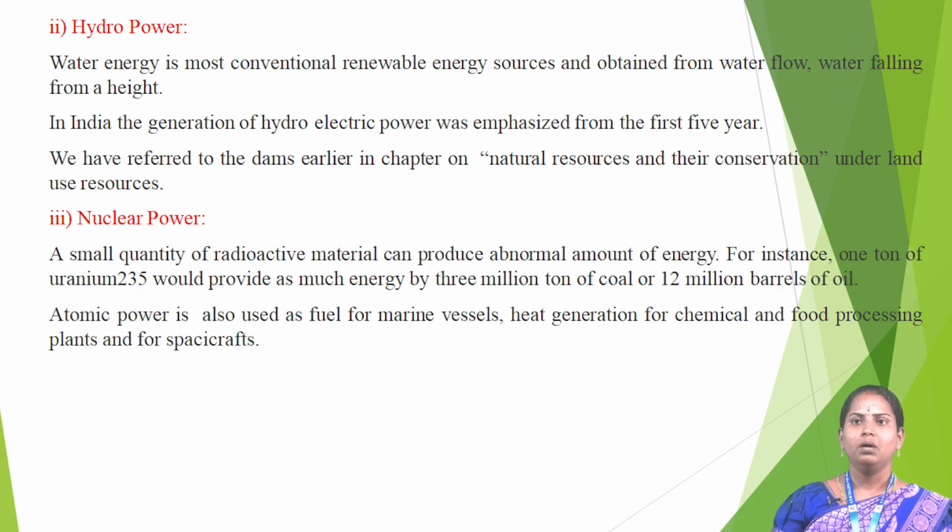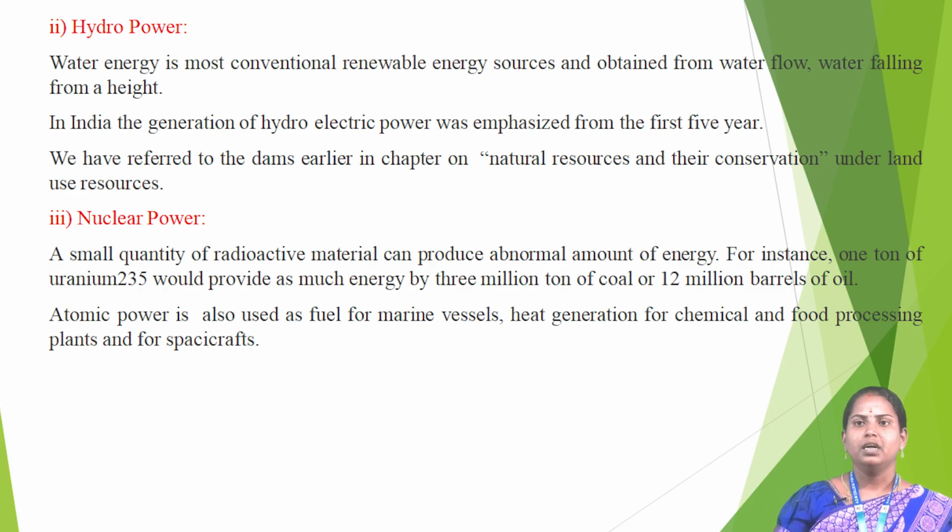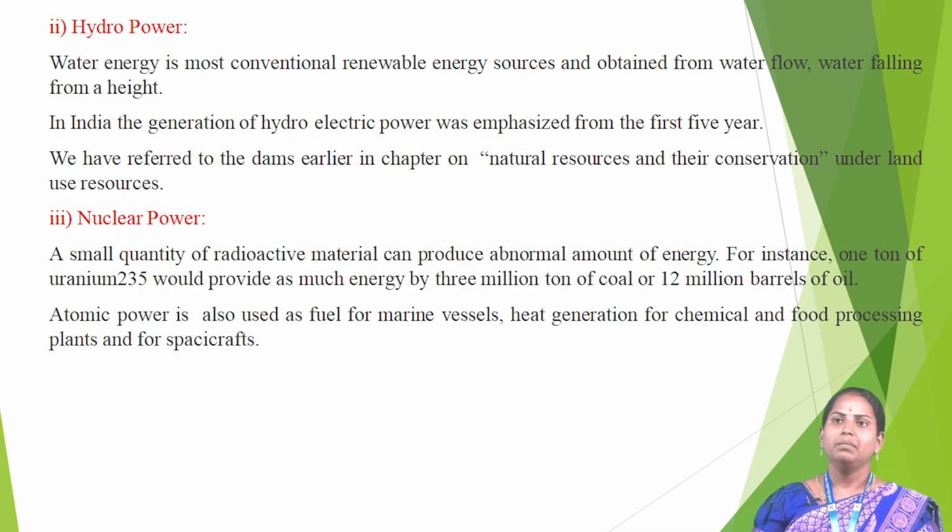In South America, about 75% of the total electricity consumption comes from water, and Japan, USA, and the former USSR are leading countries for production of hydropower. In India, the generation of hydroelectric power began in the first five-year plan. We have referred to dams earlier in the chapter on natural resources and their conservation under land use resources.